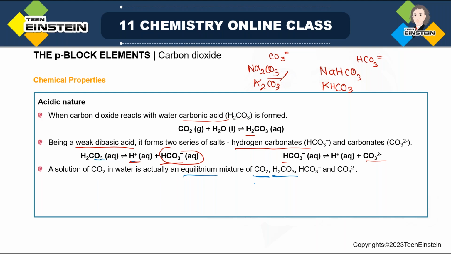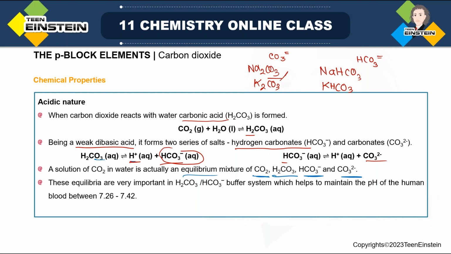Once H2CO3 is formed, then further dissociation will lead to these two species. But that doesn't mean that all the H2CO3 molecules are dissociated. No, it is not that. So all these species, and obviously water will be there, that is not mentioned here because we are just focusing on the carbon related compounds. So remember, in the equilibrium mixture, all these four species you will get. Okay.